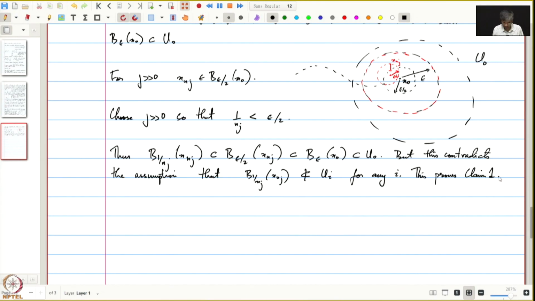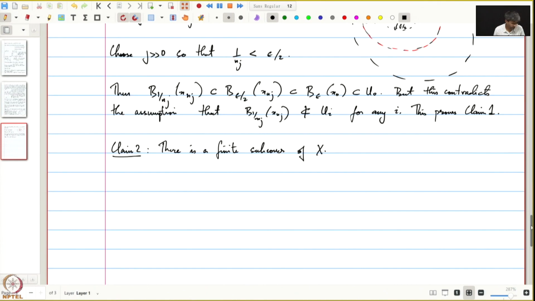Okay. Now let us prove claim 2. In fact, claim 2 is the main assertion, right? So there is a finite subcover of X. Okay, so let's prove claim 2. Right.